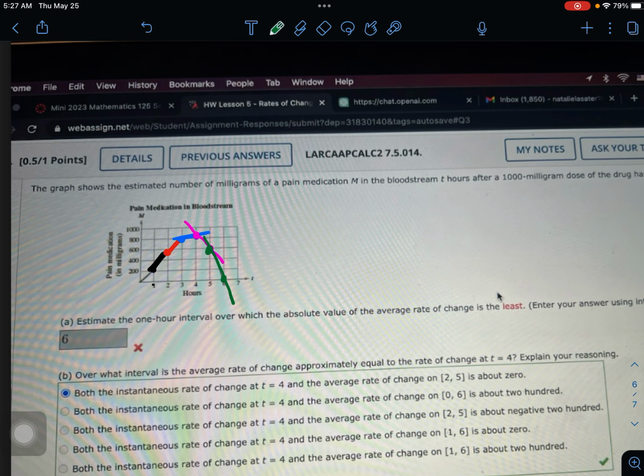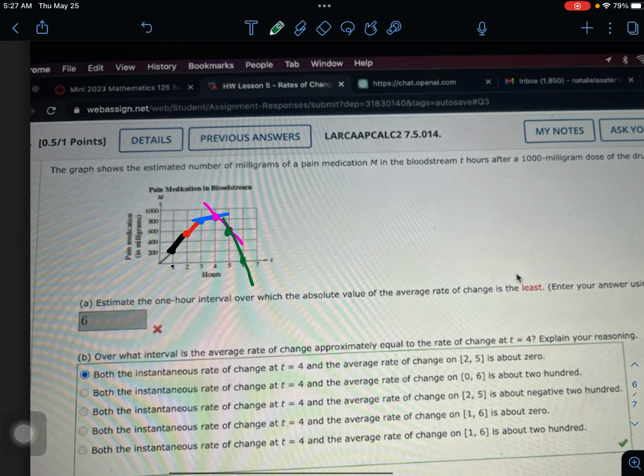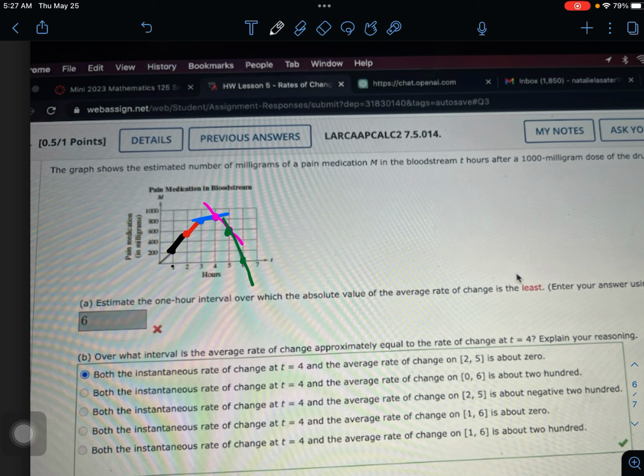So your final answer, it wanted interval notation. Interval notation looks like this. I know it's between 3 and 4. So you're going to do parentheses 3 and 4. Just like that. Between 3 and 4, that's where that 1 hour interval has the smallest average rate of change. And we know that because it had the smallest slope.